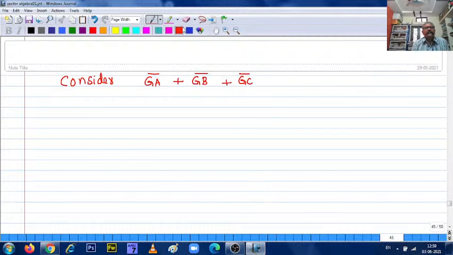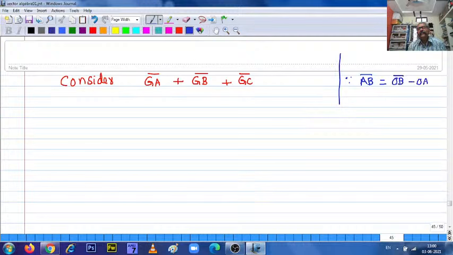In the last session we have discussed one important concept. Let me recall that concept. For example, any vector AB bar we can write as a difference of their position vectors, that means OB minus OA: position vector of B minus position vector of A. For example, here O is the origin.